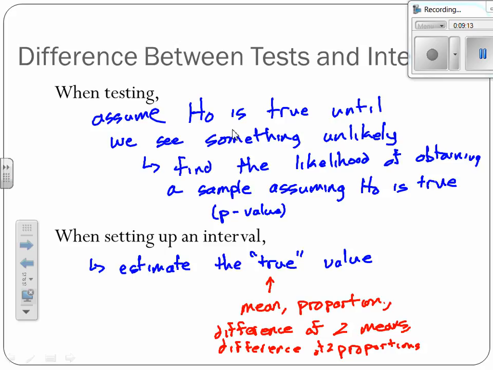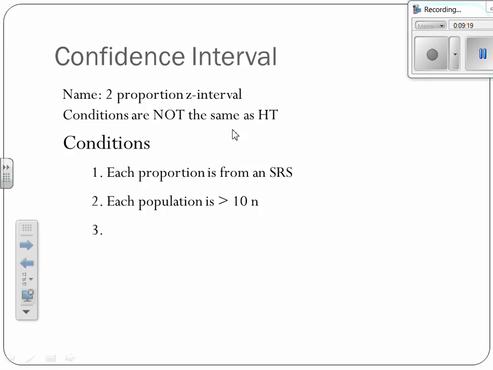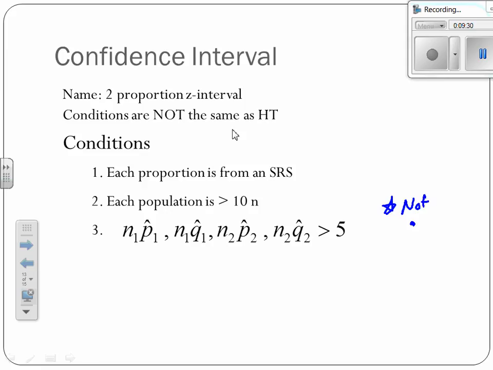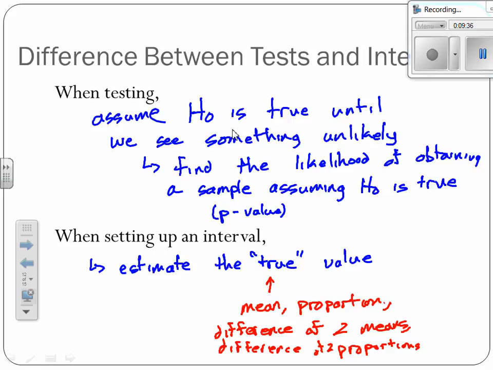So as we set these things up with a confidence interval, because we don't start with any assumptions, we have a slightly different third condition where we're going to actually use np hat 1 and np hat 2. We're not pooling anymore. And the big reason that we did pool before, if you'll let me go back for just a minute, when we assume that H0 is true, a lot of times that was that p1 equals p2.